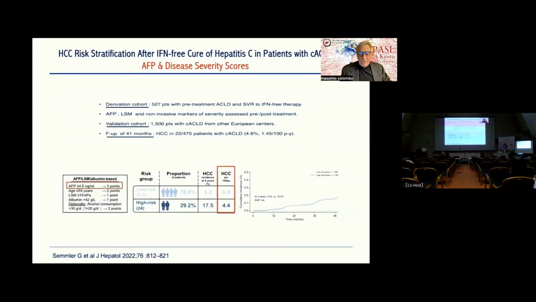And here you see it was able to separate the low-risk population, 0.9, from high-risk, 0.4, by accumulating demography, age, liver disease severity, albumin, and FibroScan liver stiffness, and alpha-fetoprotein greater than 4.6 nanograms. Very good.